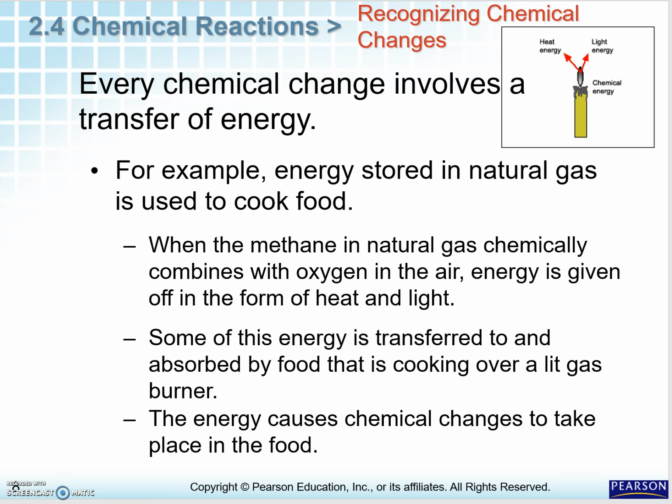It also is in the form of light. That energy is then transferred and absorbed to your food, so you're able to cook your food until you want it to be finished, I guess. So your energy is going to cause this chemical change to take place.